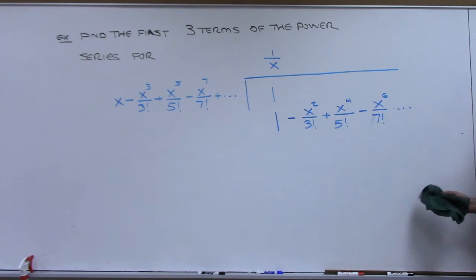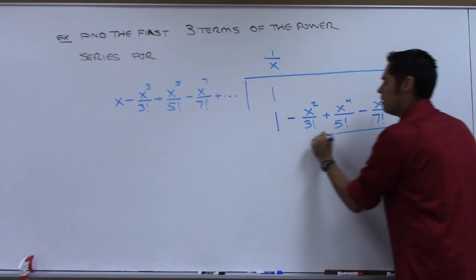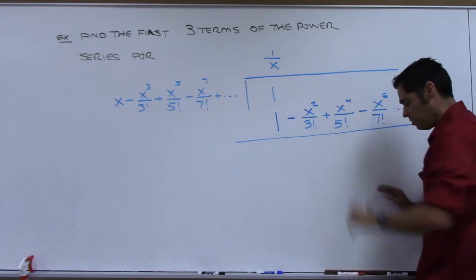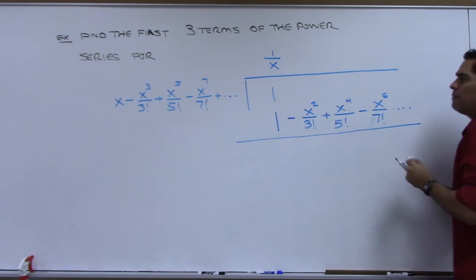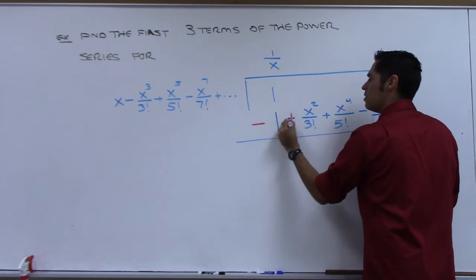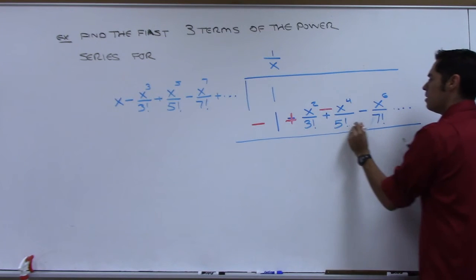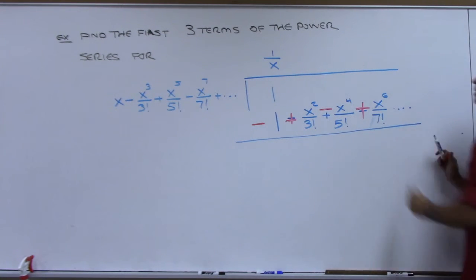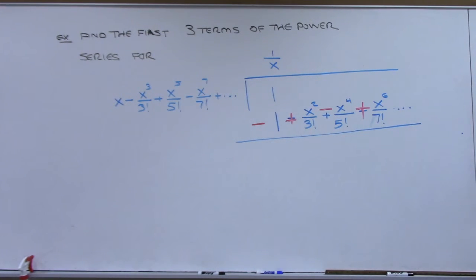Plus dot dot dot, and it keeps going, right? And then you're supposed to come through and change the signs. So subtract that row, so that 1 becomes minus 1, this becomes a plus, this becomes a minus, that becomes a plus, right? Everything changes. And then you add straight down, don't you?